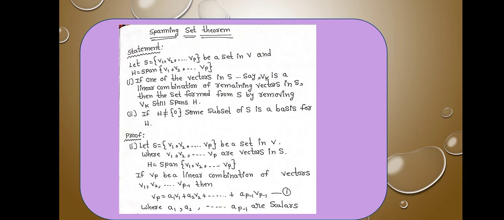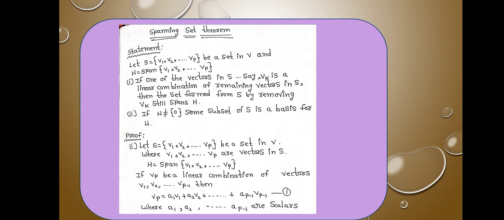Using vp written as a linear combination of preceding vectors, we removed vp from the set. Even though we removed vp, it still spans H, meaning we still get the vector space using up to vp minus 1. Okay, this is the first statement we had to prove.